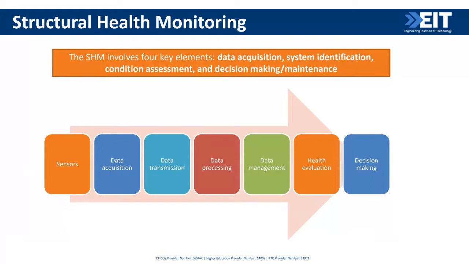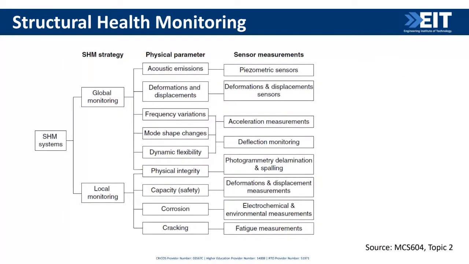And how can it be done in real life? Normally we can divide the systems, as you can see here, into global monitoring and local monitoring. In terms of global monitoring, we have some physical parameters. What type of measurements can we obtain from these tests?